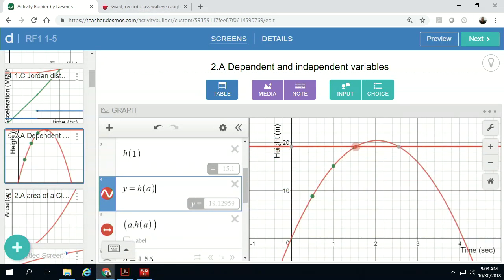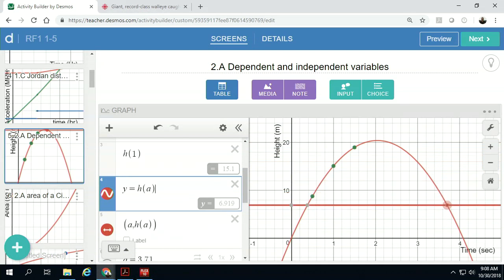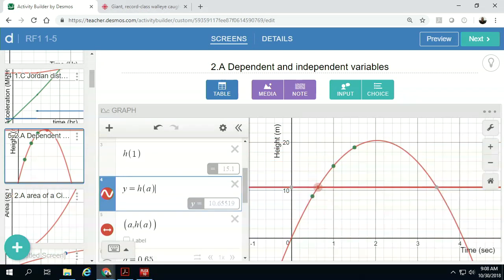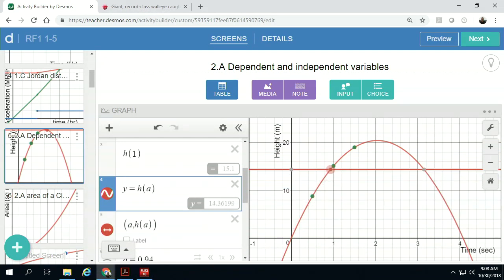Okay. Then go across, go find your y value. So like for instance 10 meters, you'd go over 10 meters till you got to here, which looks to be about a half a second, right? Is that the only answer? No, there's another one, right?